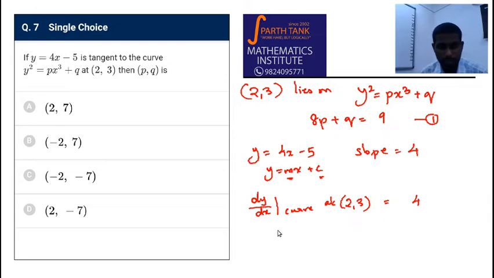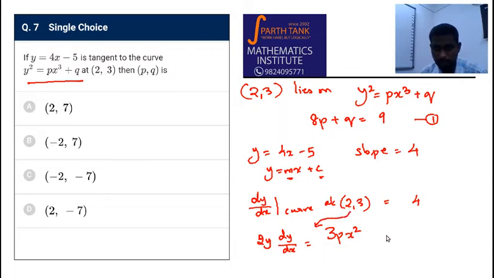How to find dy by dx? Differentiate that equation. If you differentiate y squared is px cube plus q, we have 2y dy by dx is 3px squared, right? And substitute the point 2, 3 here.